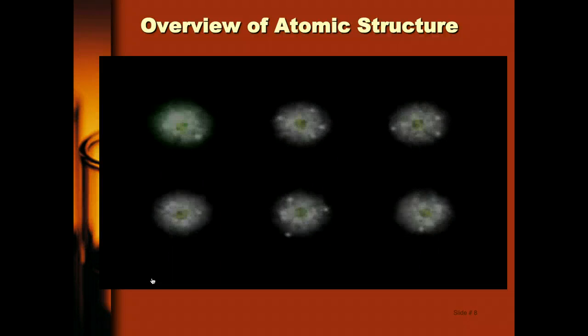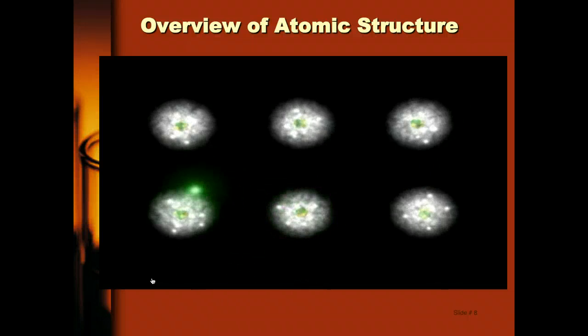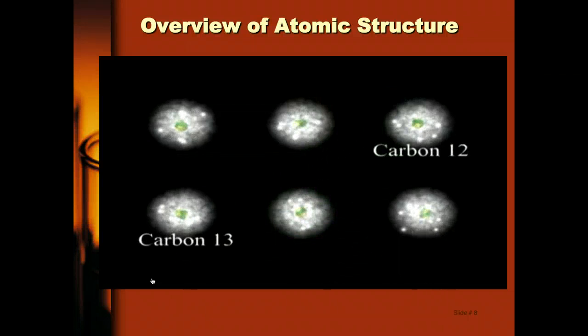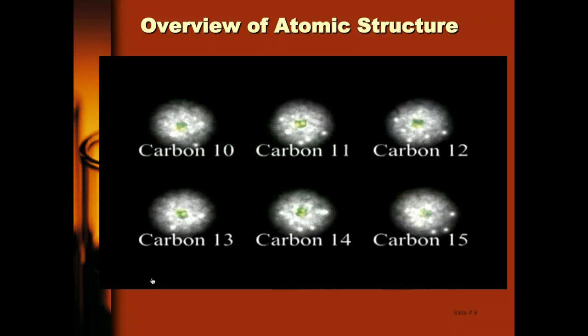For example, the nuclei of some isotopes, called radioactive isotopes, spontaneously disintegrate, releasing radiation in the process. In the case of carbon, the isotopes carbon-12 and 13 are stable, while carbon isotopes 10, 11, 14, and 15 are radioactive.